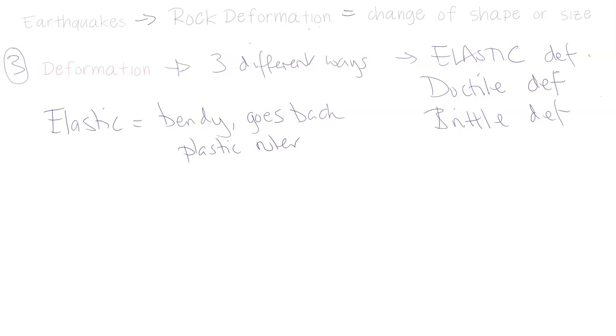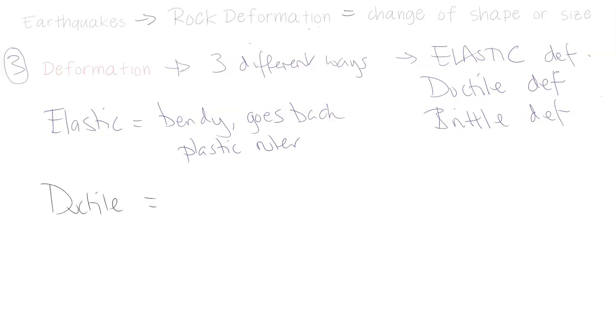You can bend it, but not so much that you create a permanent bend in the ruler, but enough force that you can bend it, and it comes back to its original position. It doesn't get misshapen. So that's elastic.